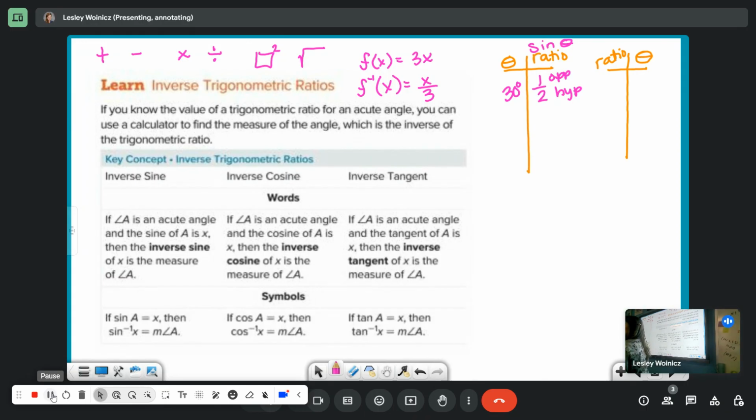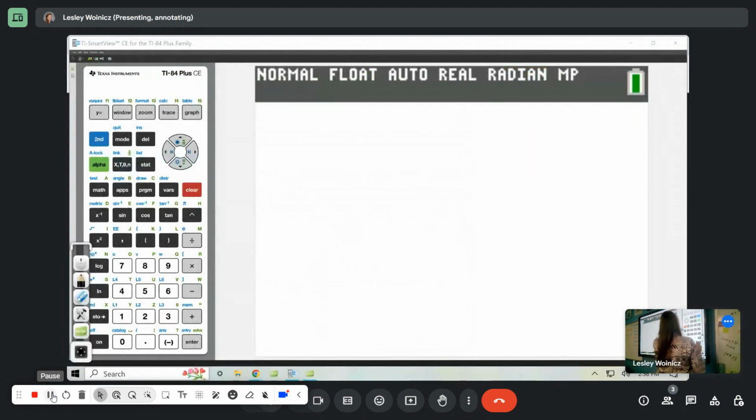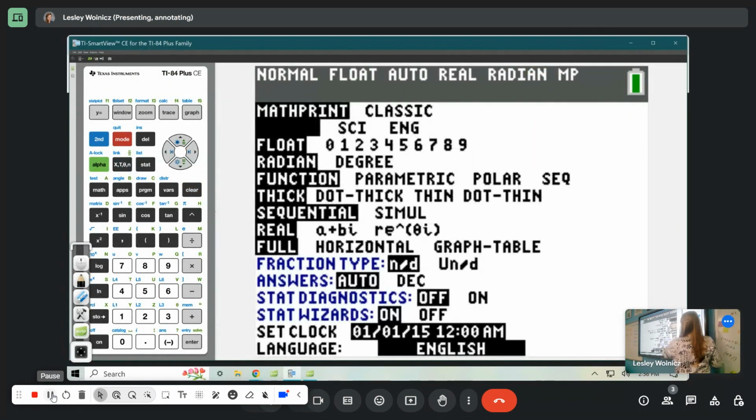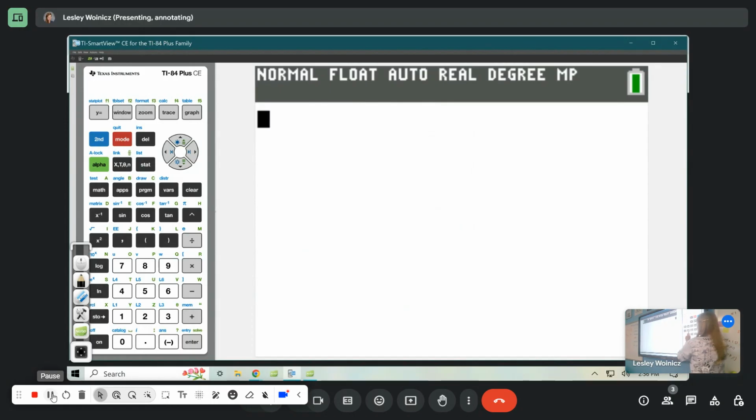Okay. Now let's try something else. You see how on your calculator, let me make sure I'm in degrees. You see how above sine is the sine inverse? If I do inverse sine, and I feed this function the 1/2, 1 divided by 2, what angle do you think it's going to give me? 30 degrees.